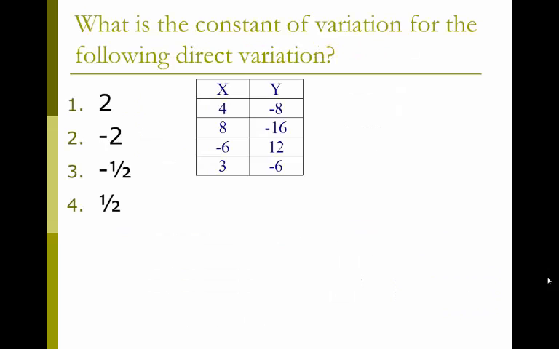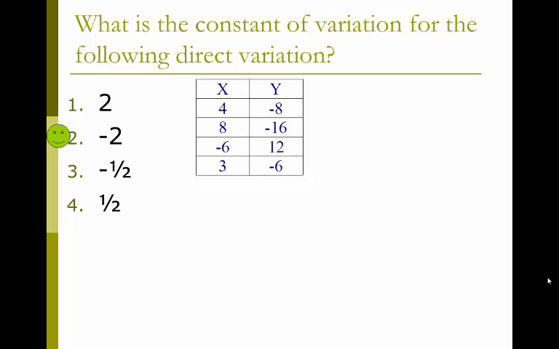Here's one for you to try. What would be our constant of variation, or our k value in this case? In order to solve this, you simply do your y divided by x, which in each case, no matter where you do it on that table, you end up with an answer of -2.